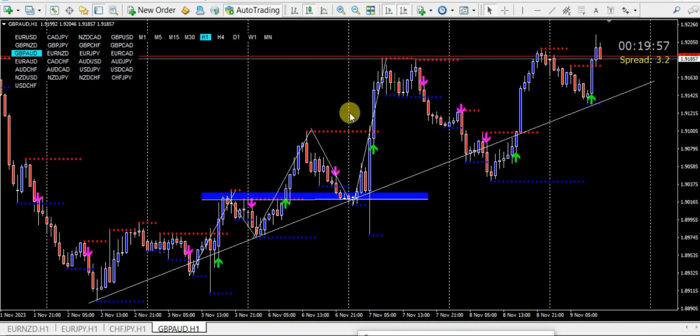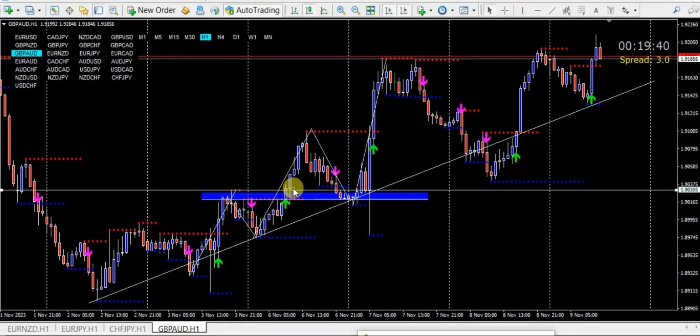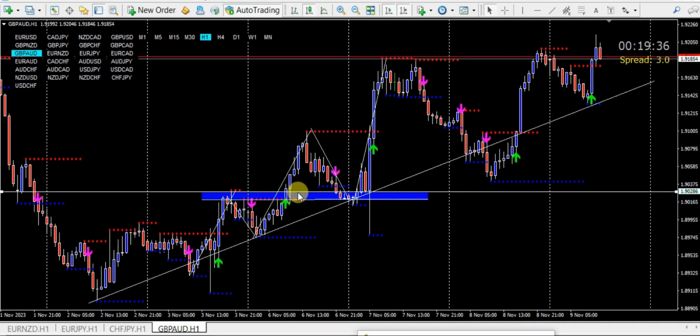Now this is my argument concerning the area of breaking a support or resistance level and then coming back for a retest. Let's now assume that immediately the price broke through this place, I enter the market from this place. Just for the sake of things, I put my stop loss around this place.